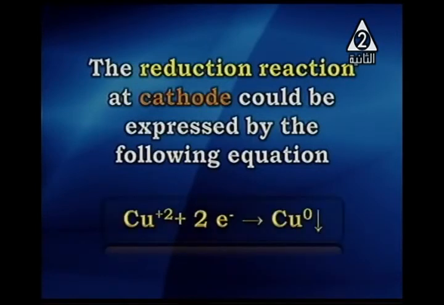At the cathode it gains 2 electrons, meaning it has a large number of electrons. So this is Cu positive 2 plus 2 electrons, and the copper ions from the copper sulfate change into copper atoms and make precipitation. So this is the reduction reaction, and the first one is the oxidation reaction that happened at the anode. Anode means positive pole. Cathode means negative pole.